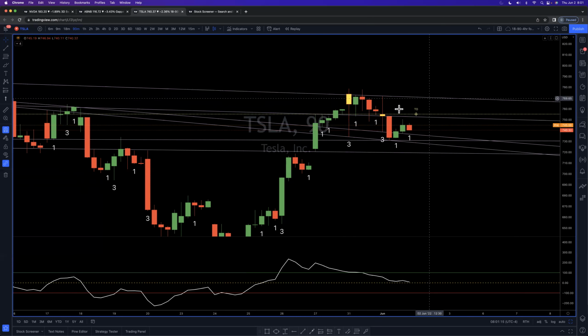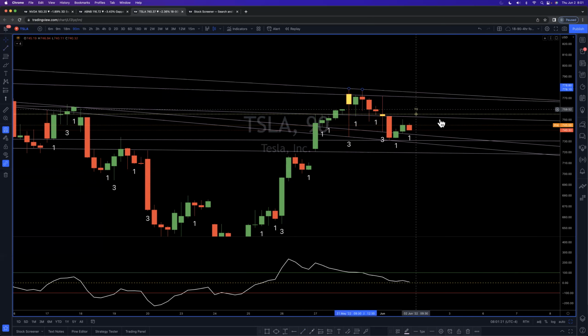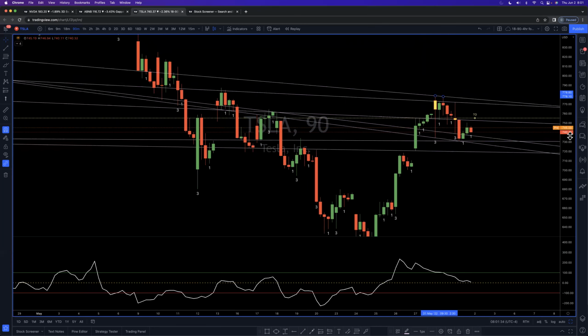Otherwise, it could sit right in here, guys, and chop you up. So you have to be careful with that. And I'm going to draw this down as well. Now, if it trades above this level here, the high of this 2-day range, then maybe we have a potential for this thing to really pop.